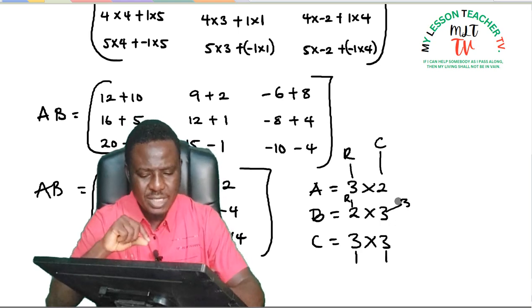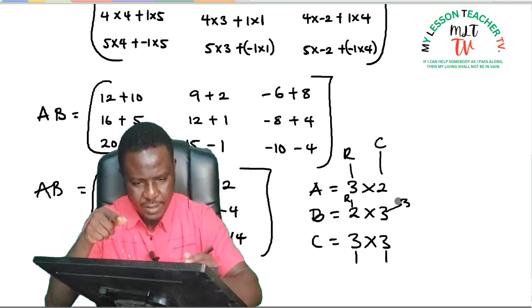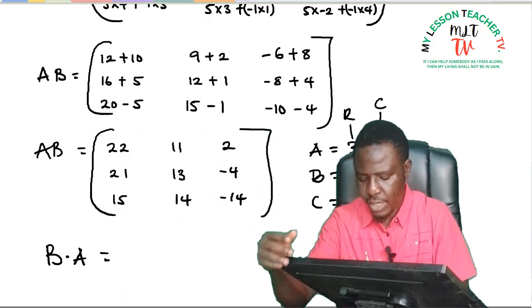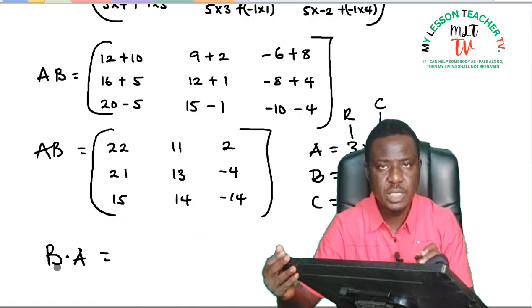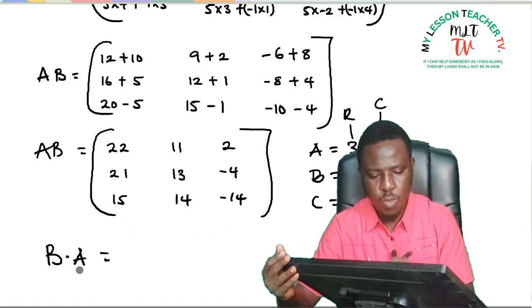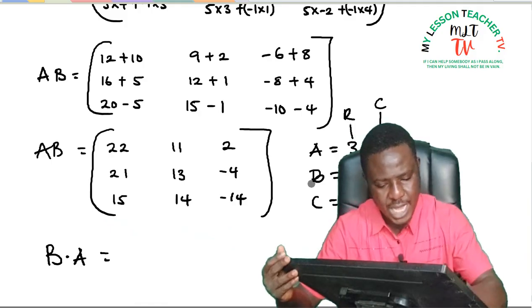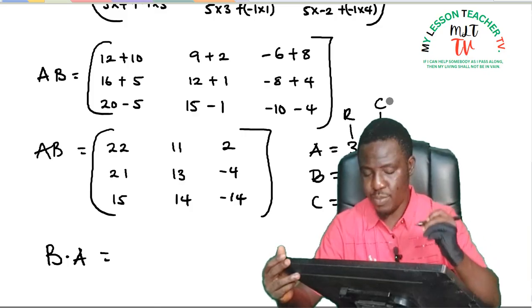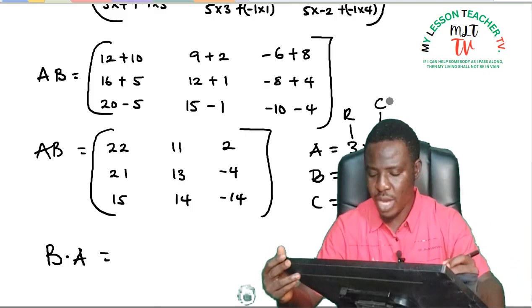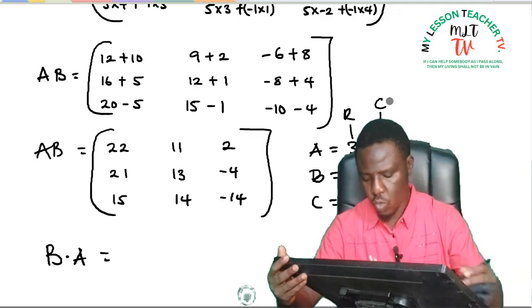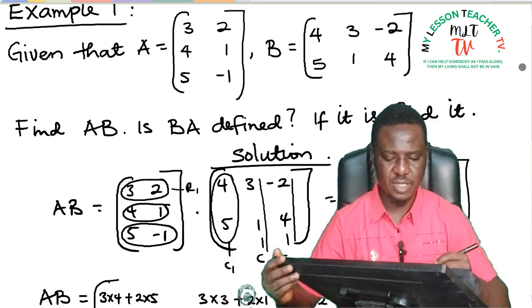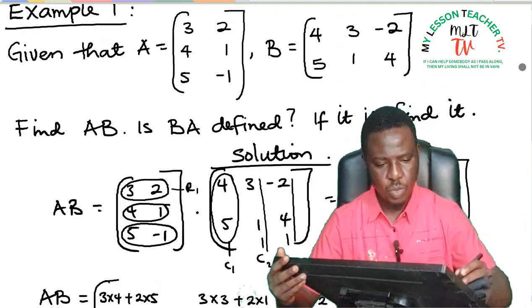Now, the question is, is BA defined? For BA to be defined, it means that the column of matrix B must be equal to the row of matrix A. So B has 2 rows and 3 columns, and A has 3 rows. It therefore means that BA is defined, same way as AB is defined. The question says, is BA defined? If yes, then find it.